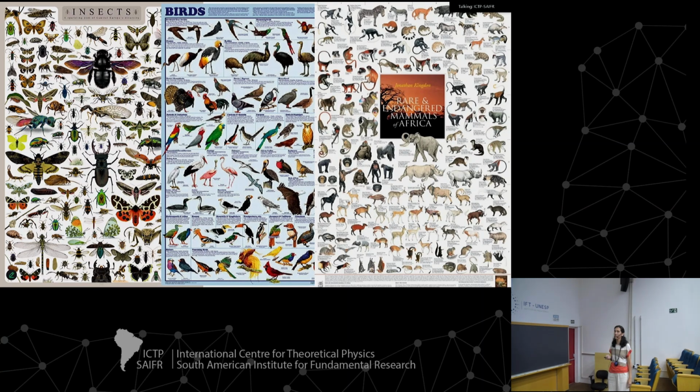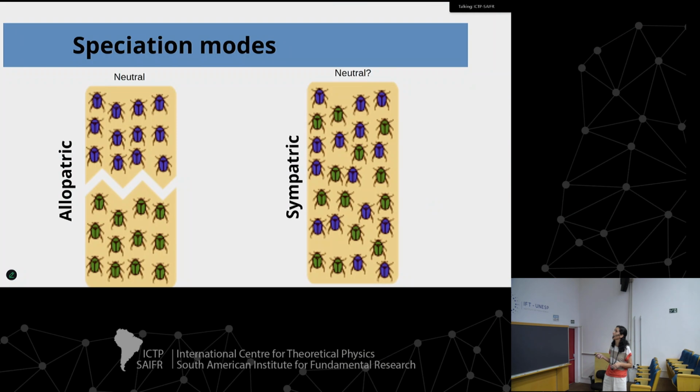So as Marcus mentioned, we have a huge diversity, and understanding the mechanisms behind it is still a debate. It's not completely understood. As Marcus mentioned, we have allopatric speciation, when you impose a barrier and divide the population.